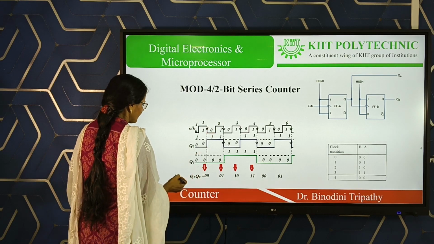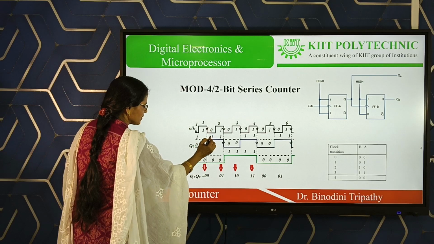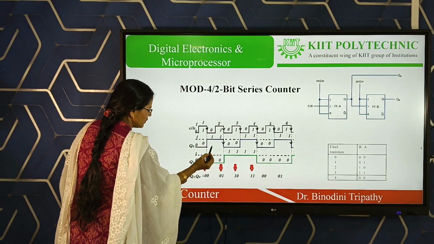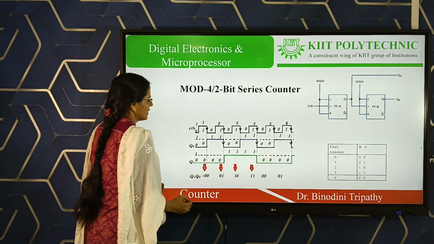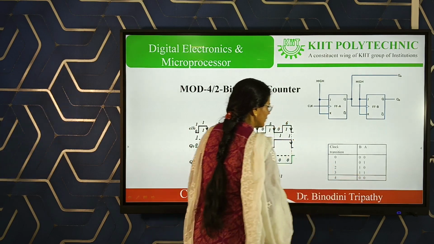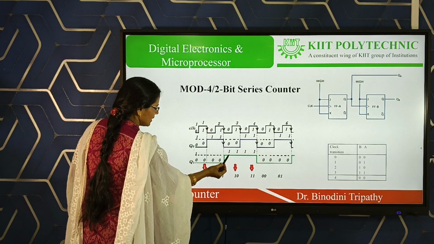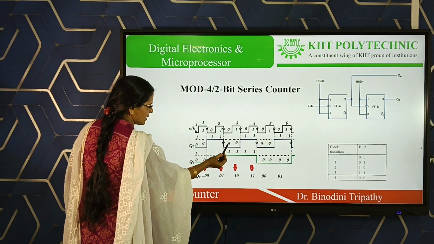I am showing you just after the first clock pulse. What is the situation? Now this output is at 0, this output is at 1. So what is the reading? 0, 1 after the first clock pulse. Similarly, after the second clock pulse, now see your second flip-flop output is at 1 and the first flip-flop output is at 0.